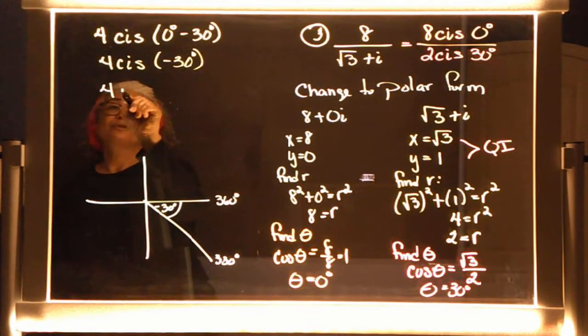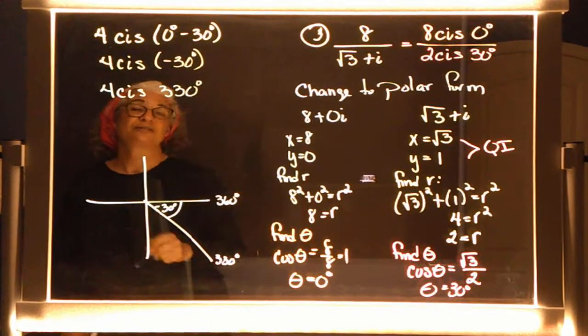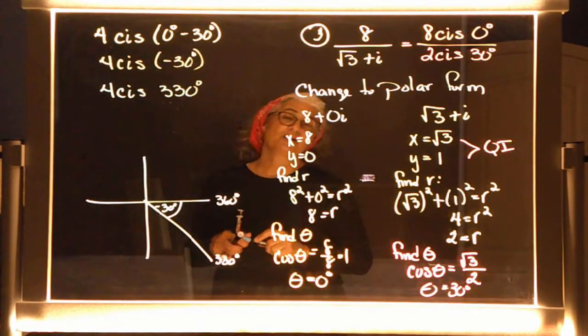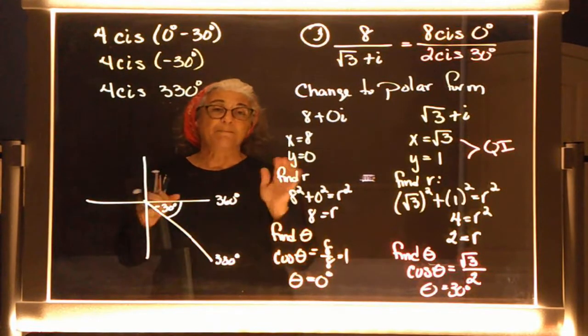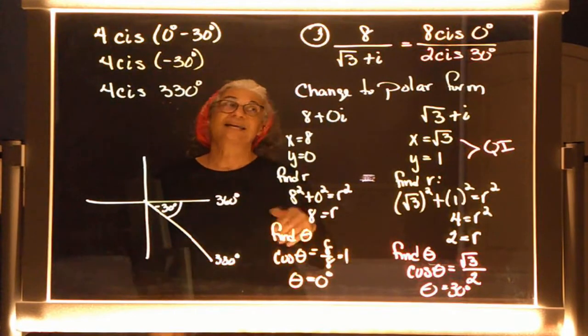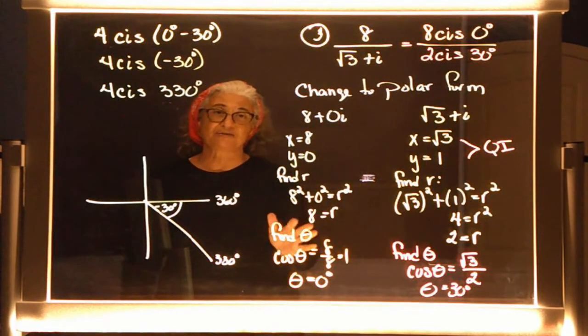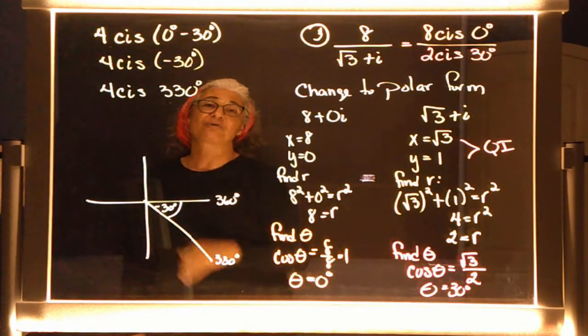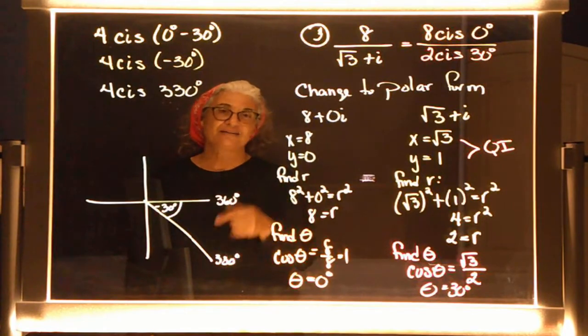So this can be rewritten as 4 CIS 330 degrees. And if they want it in rectangular form, you guys can put it into rectangular form, but for now, that's where we're going to leave it. Cool? Again, this was a really good problem. This really put all your knowledge together, especially if they ask you to put the answer in rectangular form, because now you've got to work that out too. So hang in there. There's 2 more theorems.